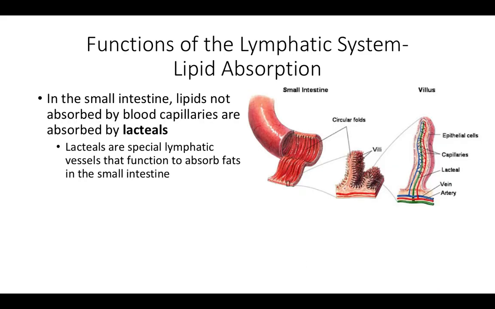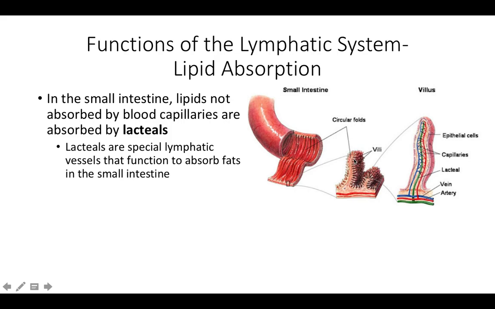And then the final function of the lymphatic system, which we're not really going to get too much into, I'm sure we will when we talk about the digestive system, is lipid absorption. Within the small intestine, we take this picture here, for example, a cross section of the small intestine, and it has all of these little folds that you see here, and there, right here and here. Within all of the folds, we have these little villi that create sort of this shag rug appearance.